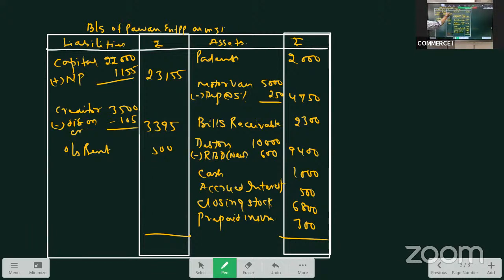So 23, 26, outstanding rent is how much? Outstanding rent is 500. Okay, 5, 4, 0, 1, 5, 1, 6, 9, 10, 0, 1. 27,050 is the total.